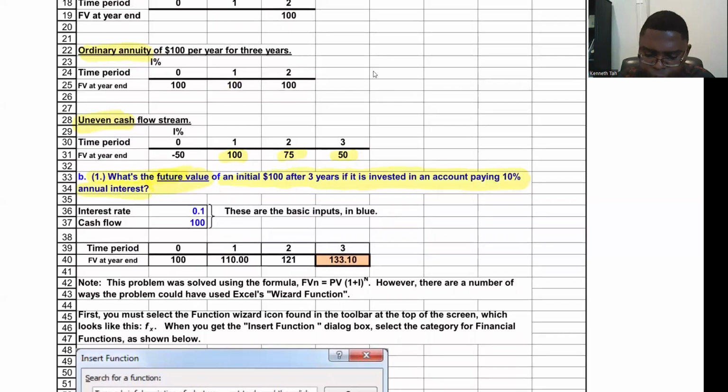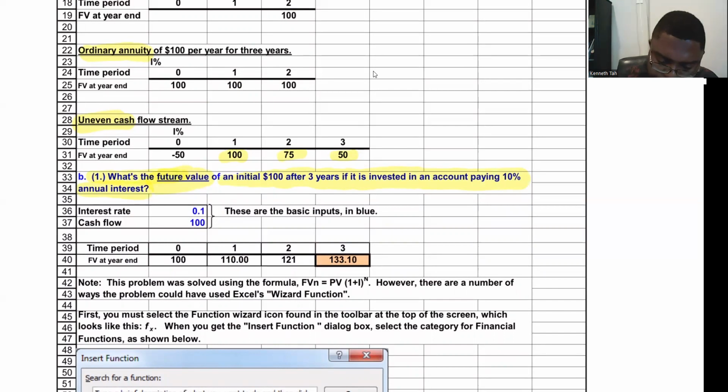What is the future value? There are different ways we can do this kind of problem. We can use a formula, we can use our BA II Plus financial calculator, and we can use Excel.